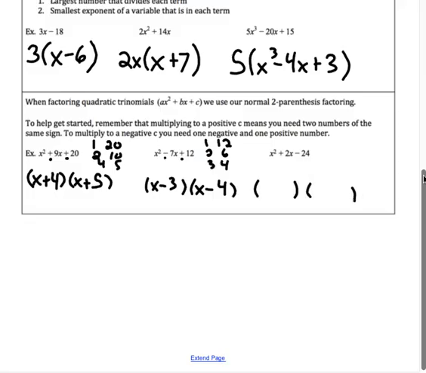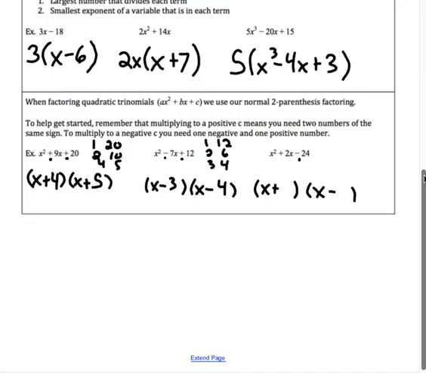When I'm looking at this next one, again, x and x are the only way to get to that x squared. This time, this is negative. But the only way to multiply to a negative is to have two things of opposite sign.